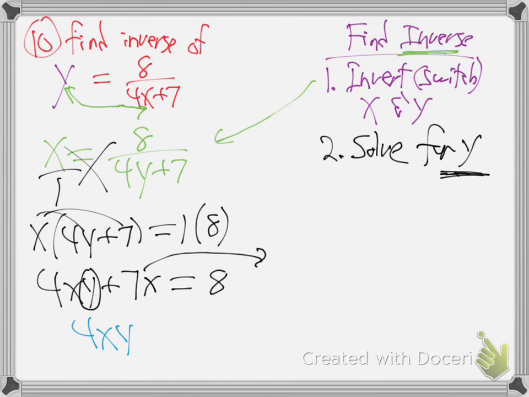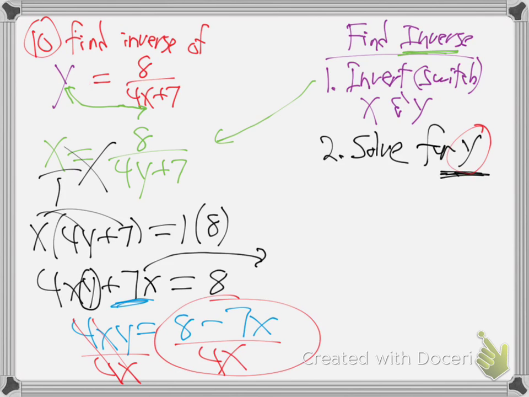And you get 4xy is 8 minus 7x, right? When that positive 7x jumps to the other side, it becomes a negative 7x. Things switch signs when they jump to the other side. Last step to get y alone, divide by 4x. Boom, boom. There it is, the inverse function. We got y alone.